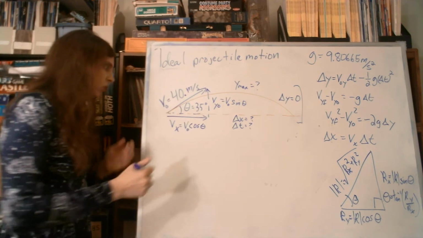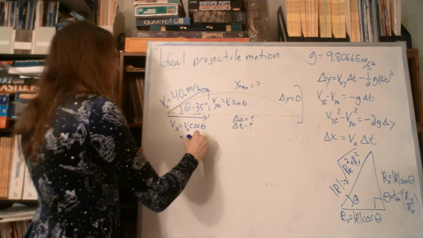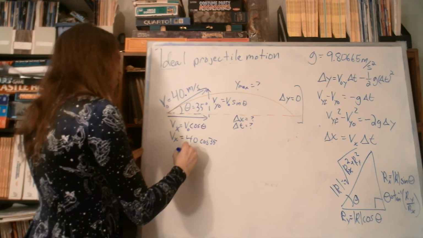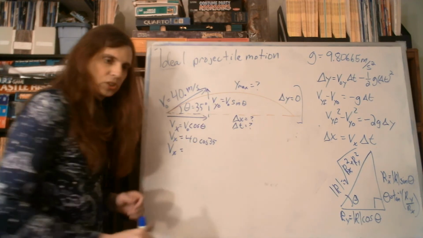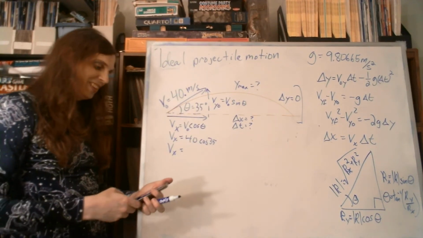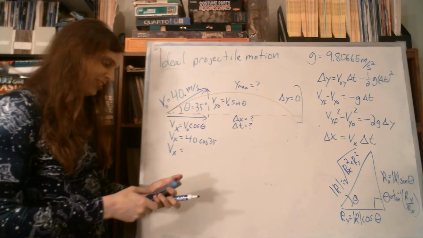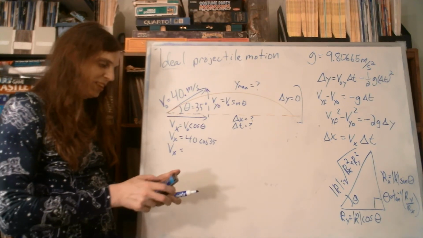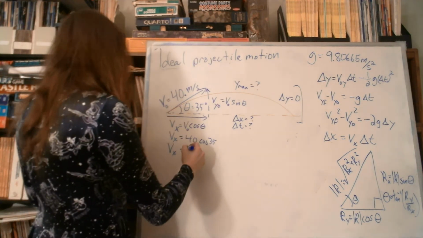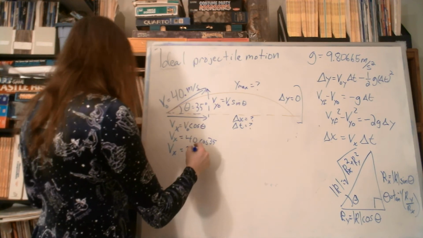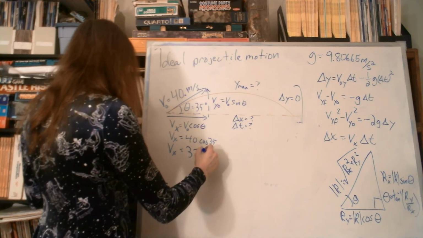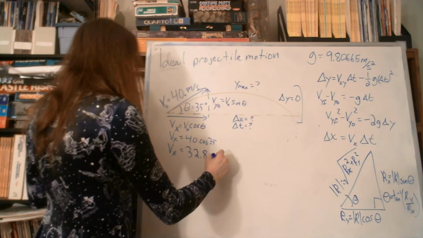So what are they? That's 40 cosine 35. I'm going to take 3 significant digits for this one to play with: 32.8 meters per second.